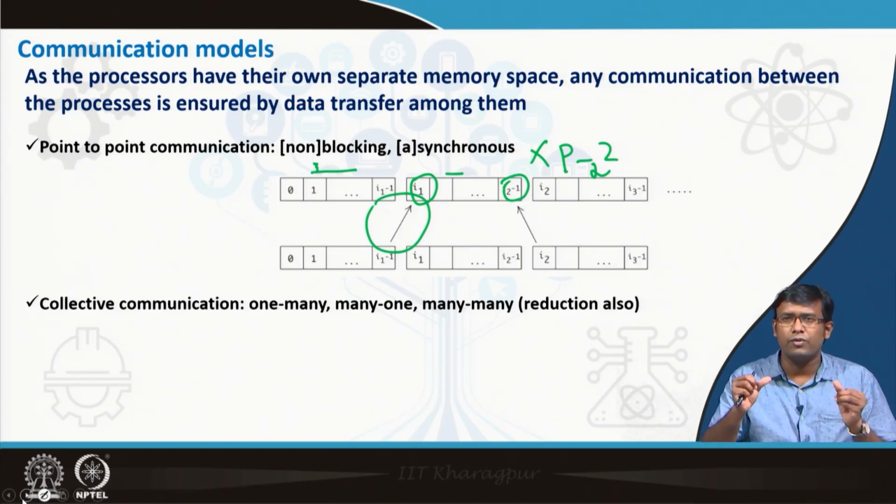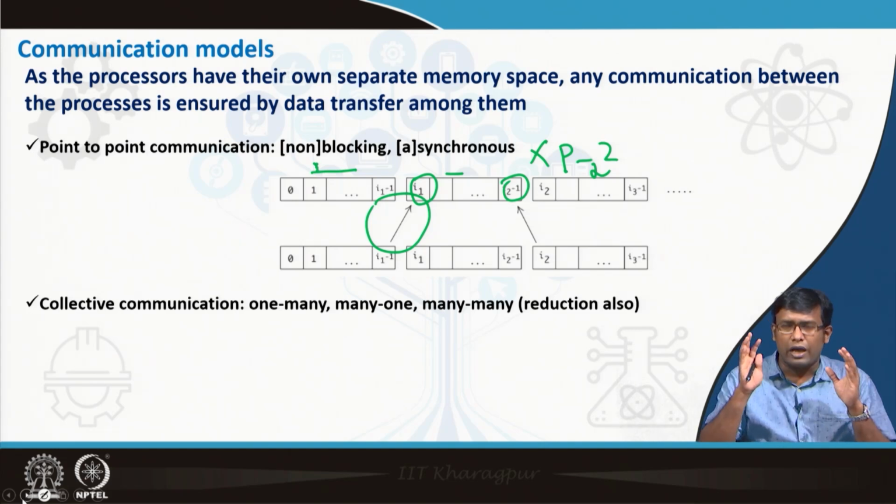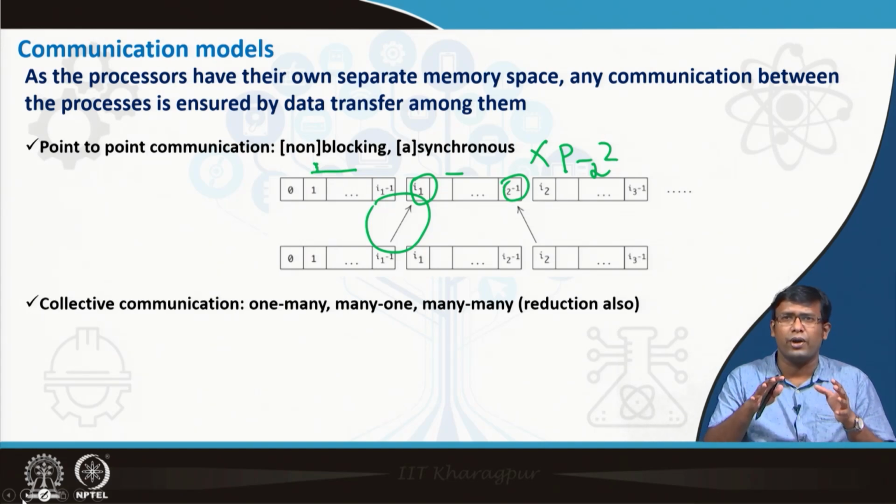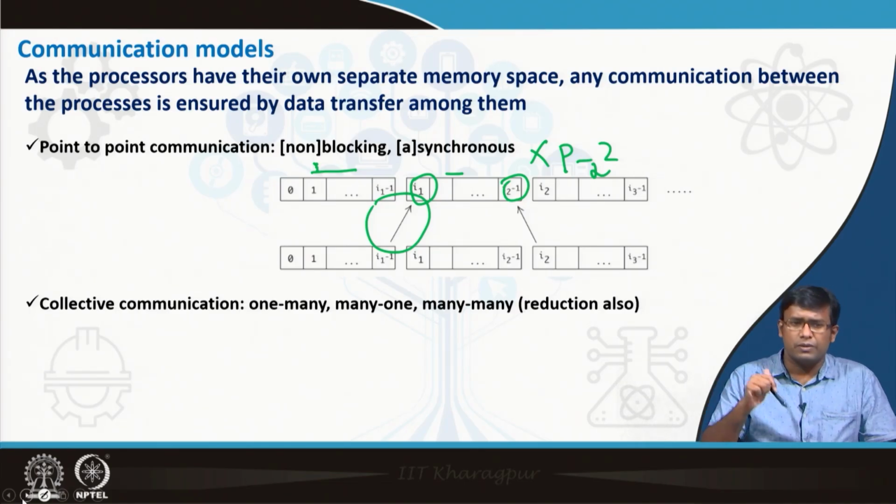So, when collective communication happens, the address spaces of all the processors are aware that this particular information is being broadcasted from one particular processor to all others, or one processor is gathering data from the others.